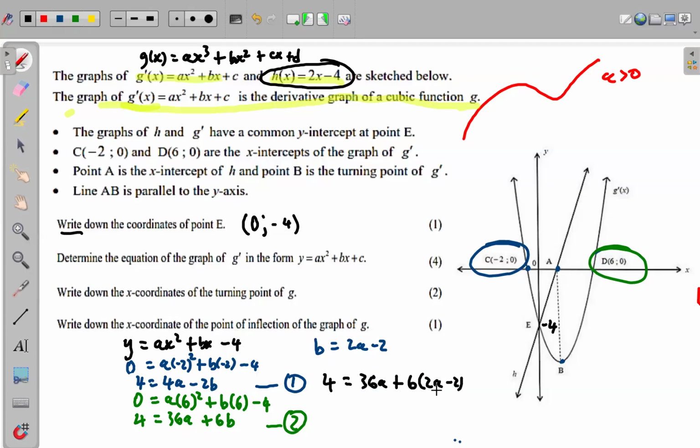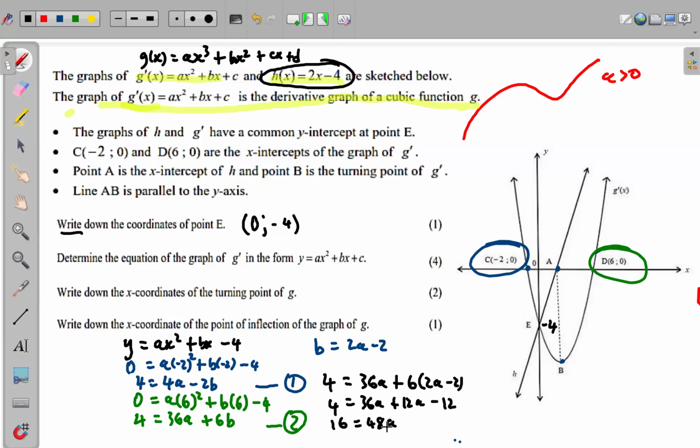This is 36a, and that's 12a, and with a minus 12, that's a 4, so that's a 16, and that's 48a. All right.